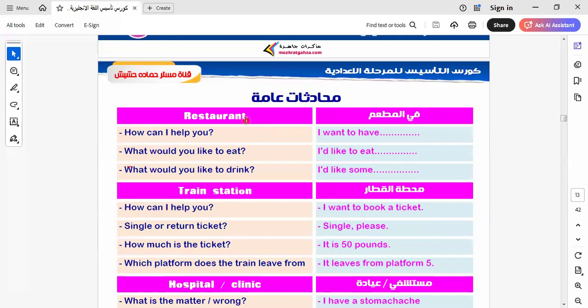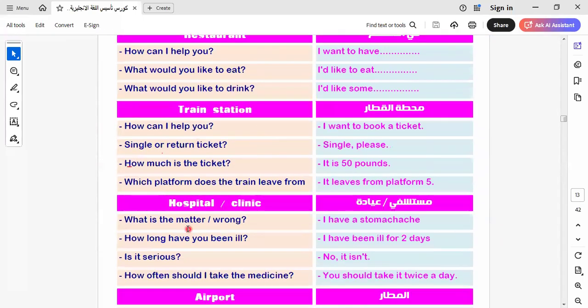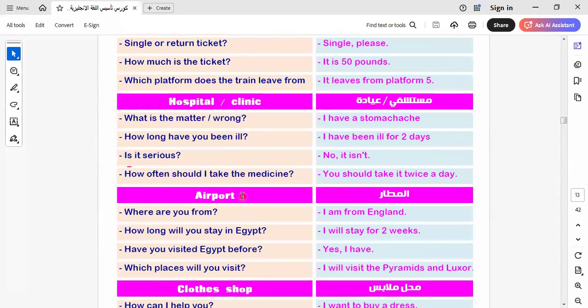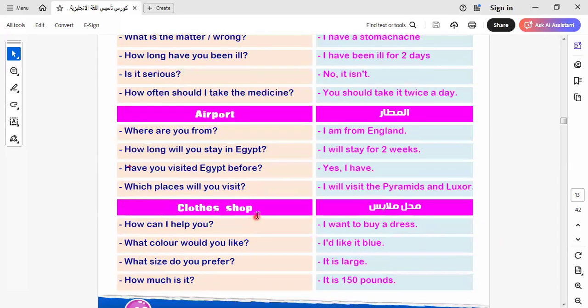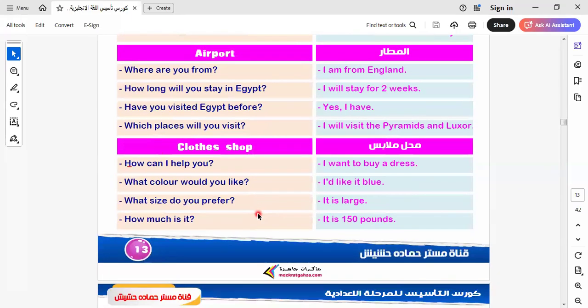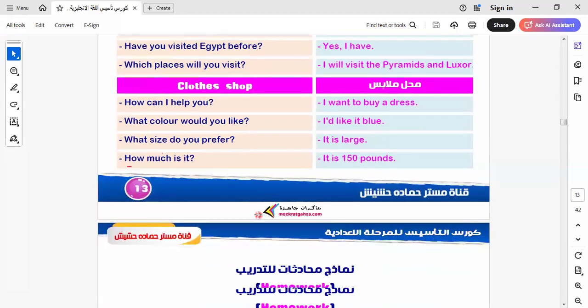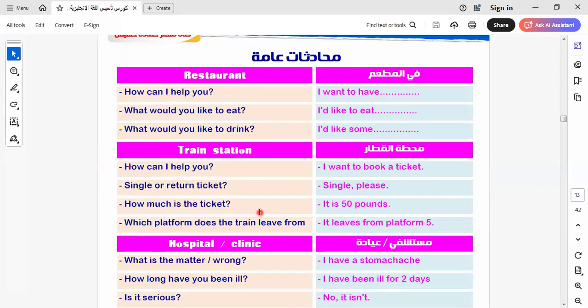We have expressions for a restaurant, for a train station, for a hospital or clinic, for the airport, and for the closest shop or store, describing our demands from these places. So let's learn the expressions we use in every situation.